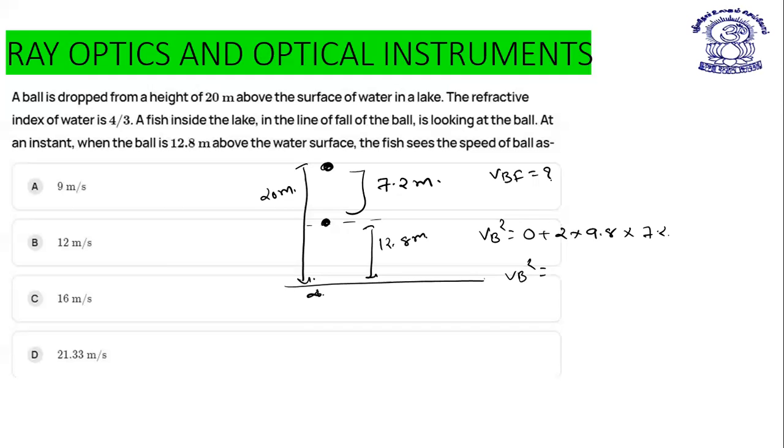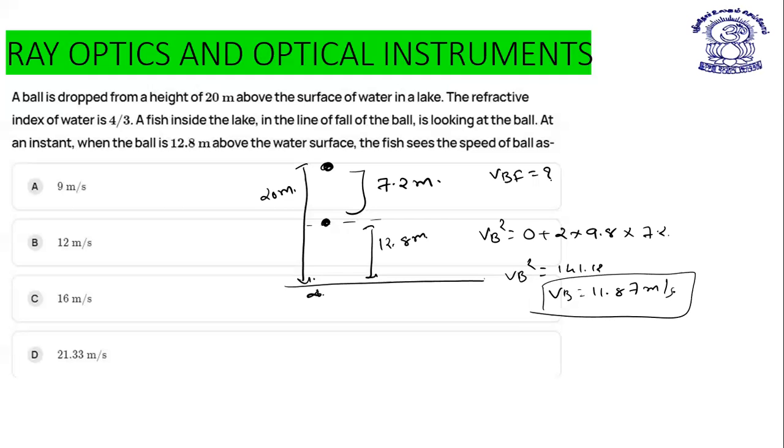Its square root will give us the value approximately 11.87 meter per second. This is the speed of the ball as seen by the observer, which is outside the water.